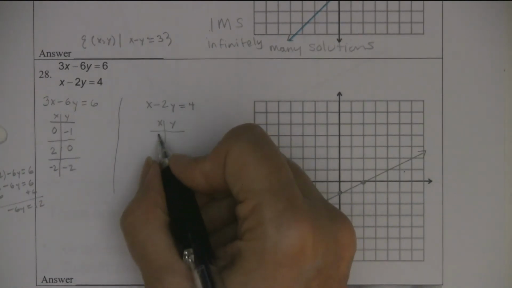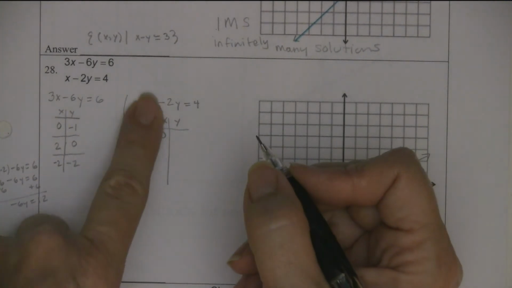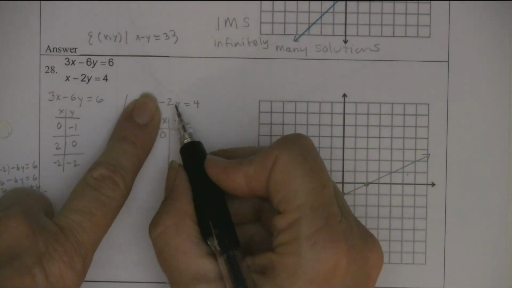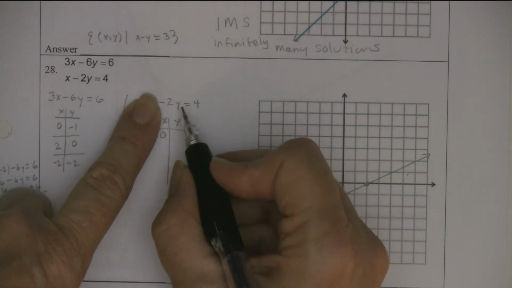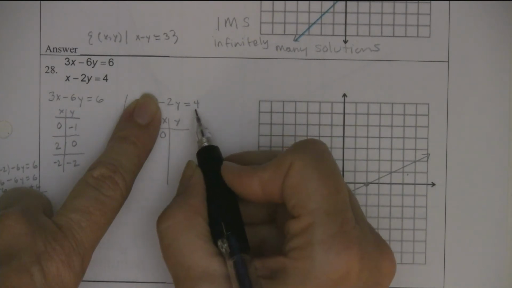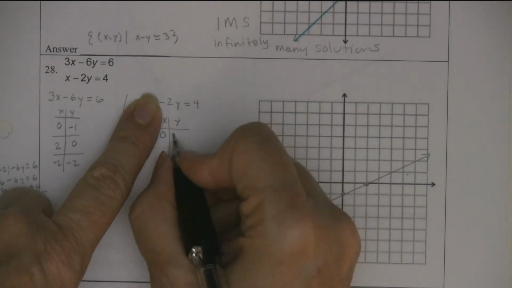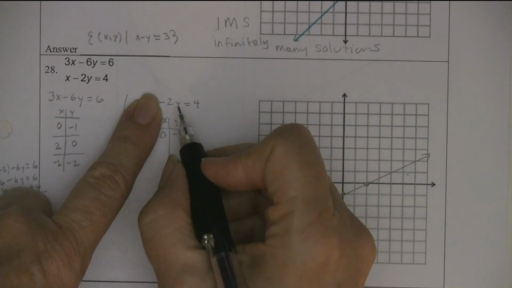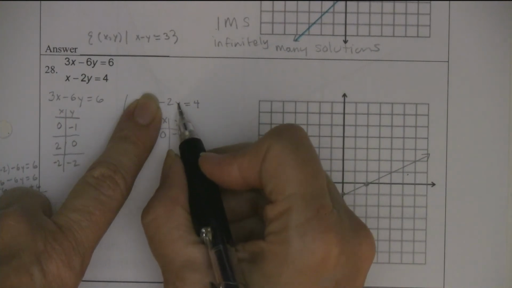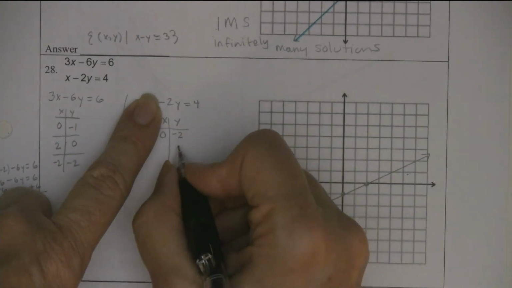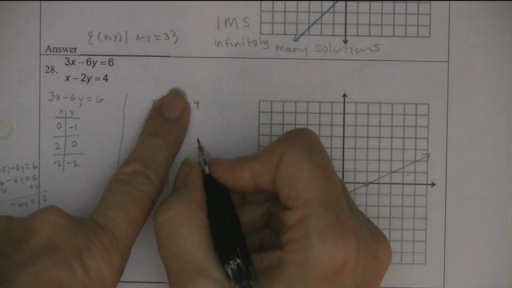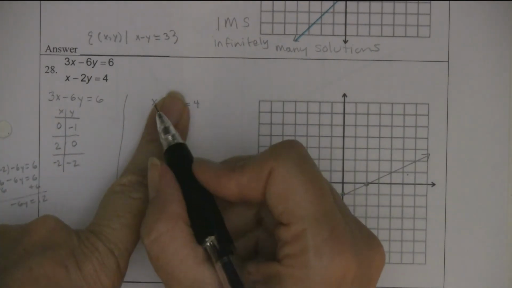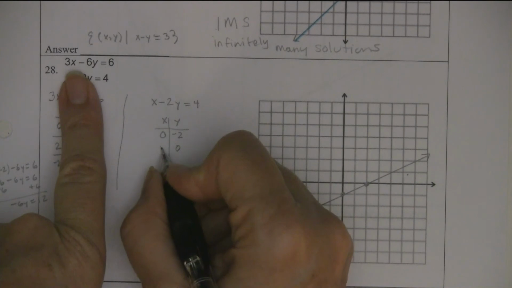So let's see here. If I let x be 0, then I get -2y equals 4. So I divide by -2, divide by -2. So this is -2. And I can kind of see that -2 times -2 is 4. And if I let y be 0, it's worked out pretty good, the intercepts here. X equals 4.